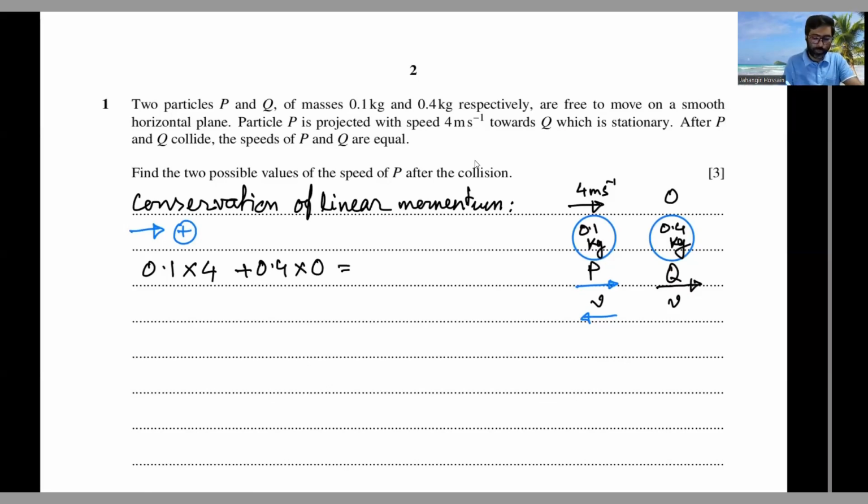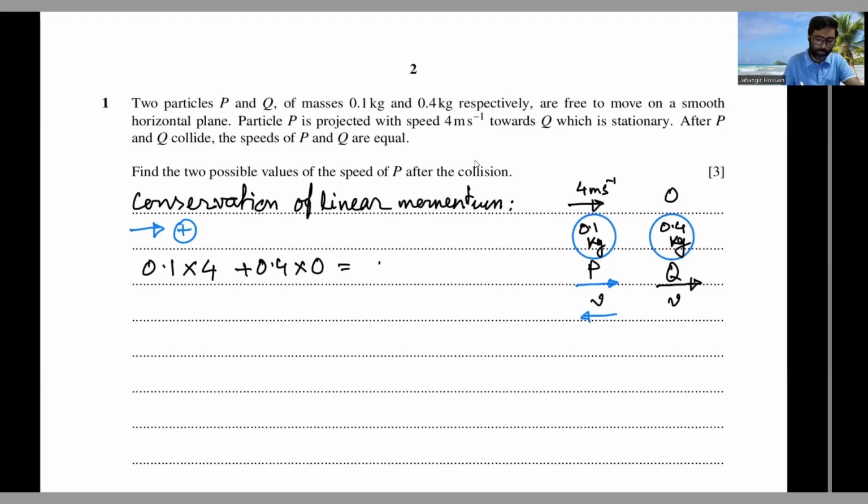That's the sum of momentum before collision, and after collision, mass of P times its velocity. Now the velocity of P can be either positive or negative.